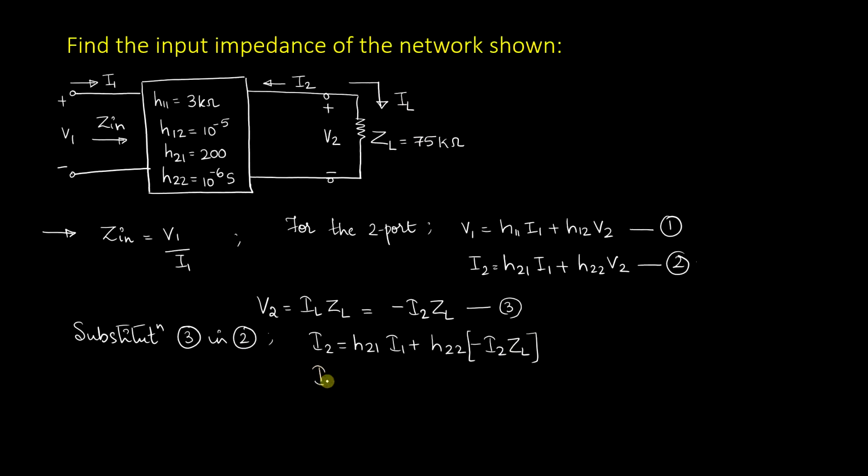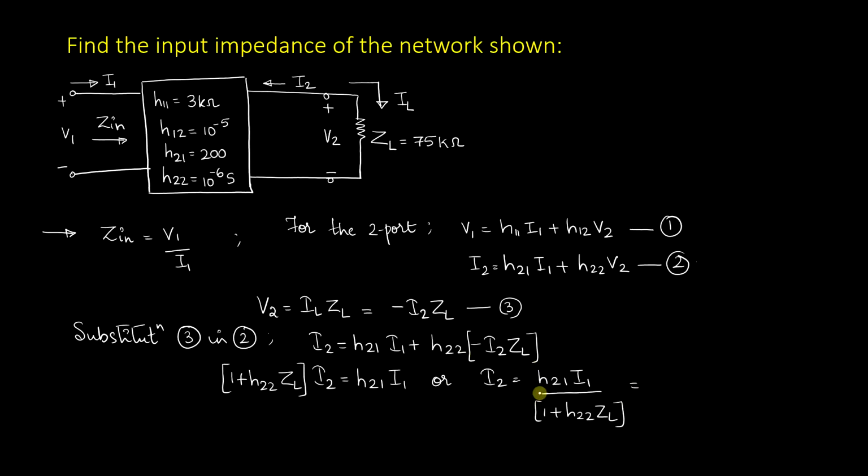You have I2 on the left and a term with I2 on the right, so I2 into 1 plus H22 into ZL is equal to H21 into I1. I can write this as I2 equal to H21 I1 divided by 1 plus H22 into ZL.